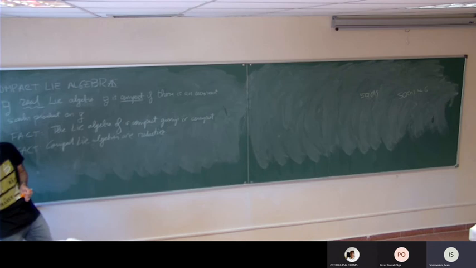Because SO(g) is the maximal compact subgroup of GL(g). And this can only happen if it has infinitely many components, I think. But this is not going to happen for compact Lie algebras.